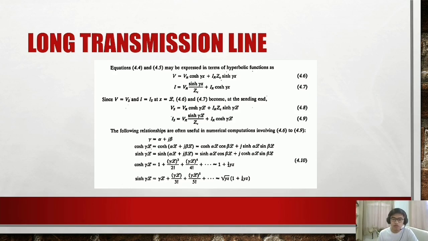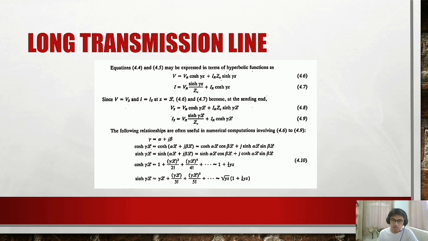So the equations 4.4 and 4.5 may be expressed in terms of hyperbolic functions, as the voltage V = Vr cosh γx + Ir Zc sinh γx, and the current I = Vr sinh γx / Zc + Ir cosh γx.